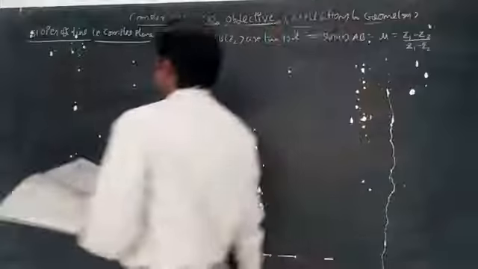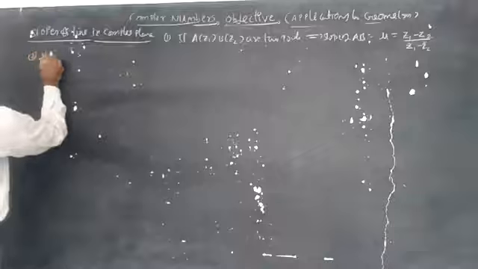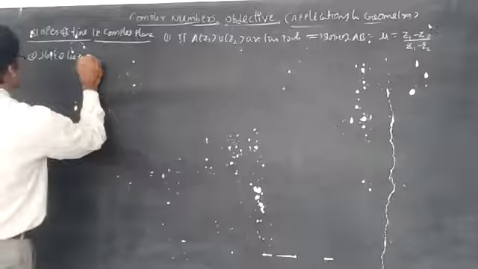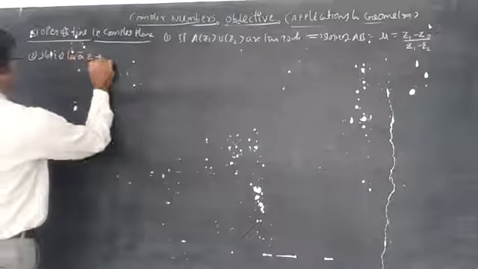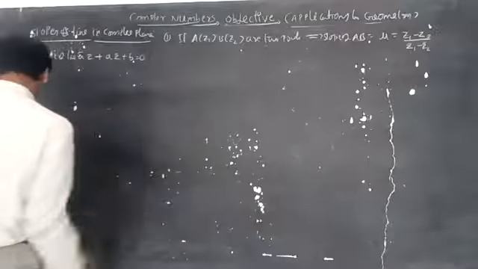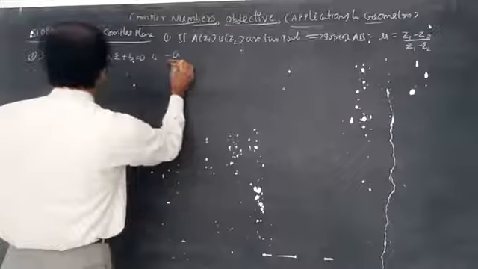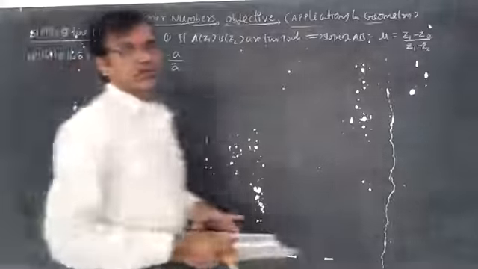And another formula: let us write the slope of the line A bar Z plus A Z bar plus B is equal to 0. The slope is minus A by A bar.